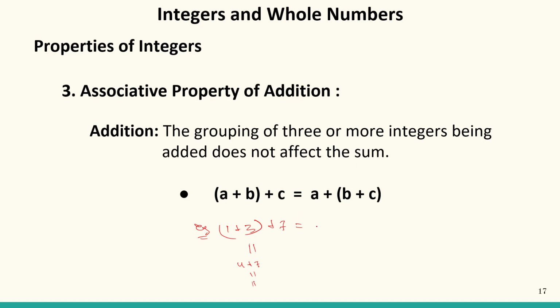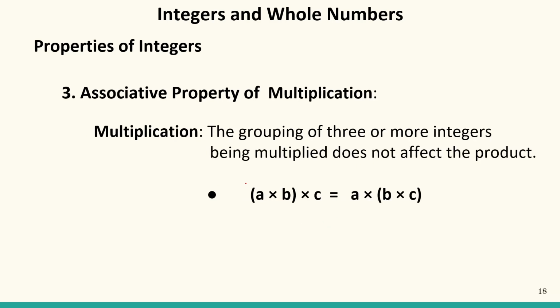And here 1 plus 3 plus 7 is equal to 1 plus 10, which is equal to 11. So these two are the same. That's how we can say that the grouping of 3 or more integers being added does not affect the sum, and we say that the associative property for addition holds.